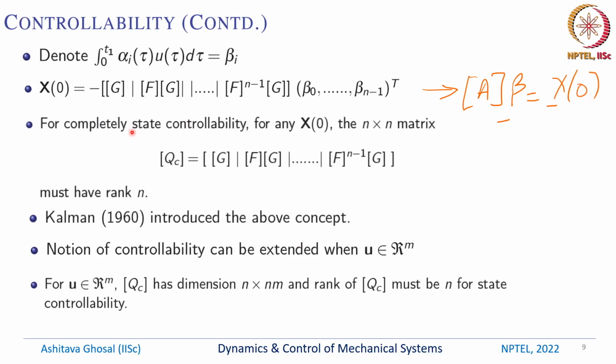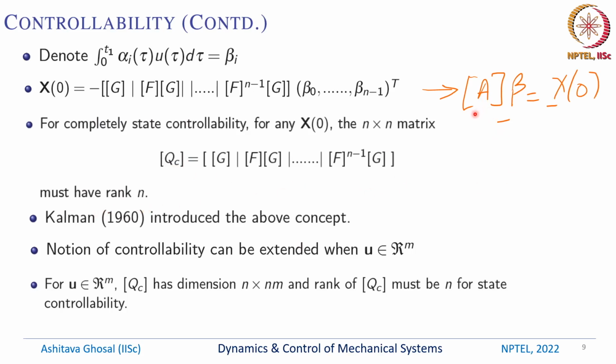So for complete state controllability for any x of 0, any initial state which we want to take to the origin, the n by n matrix A, which is nothing but G, FG, F square G, and so on all the way till F to the power n minus 1 G, which is now denoted by this QC, sort of like minus A, then this QC matrix must have full rank.